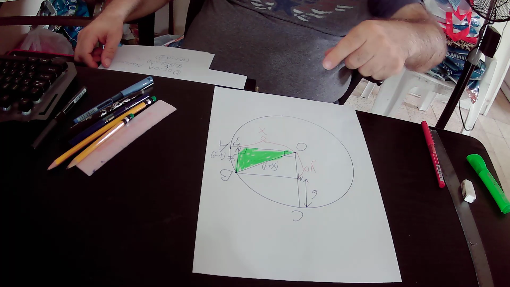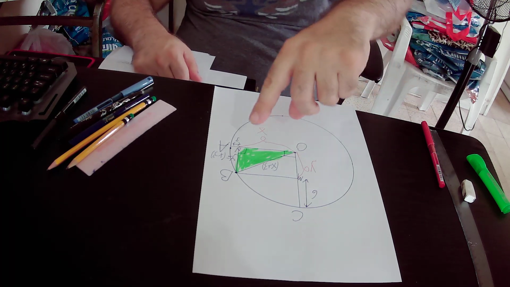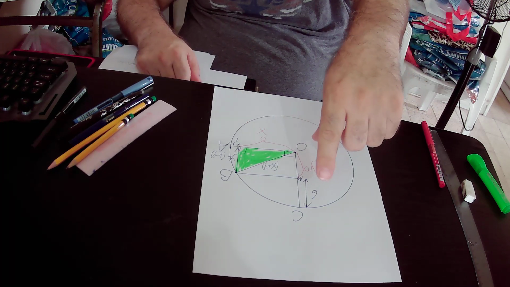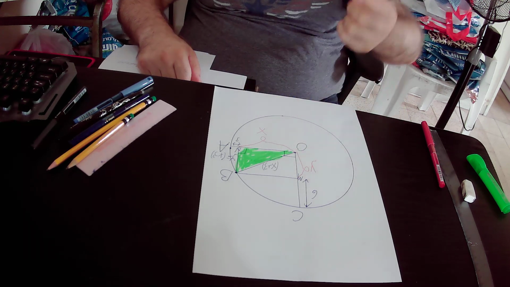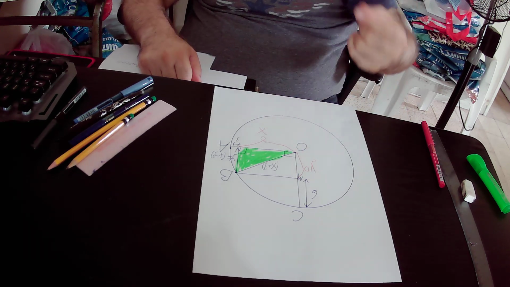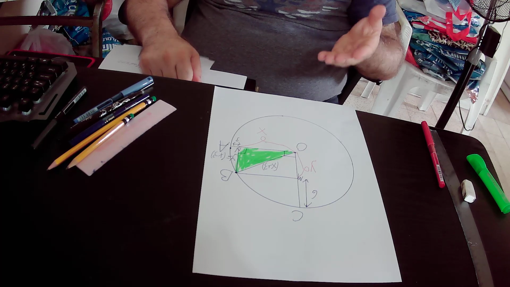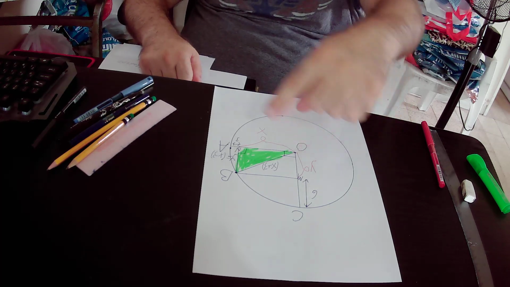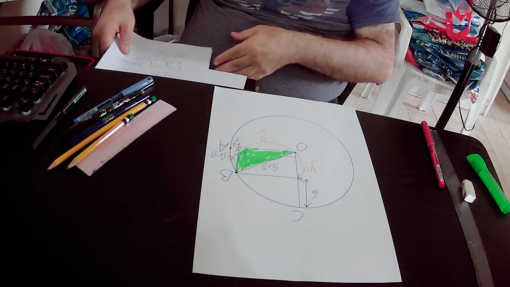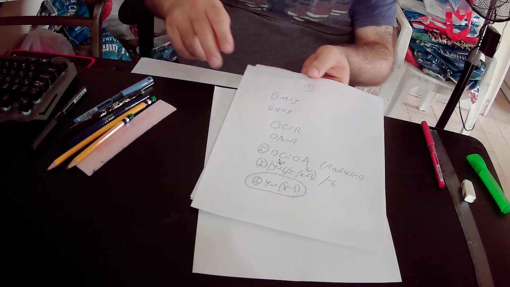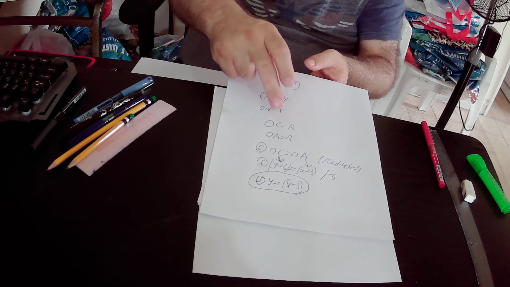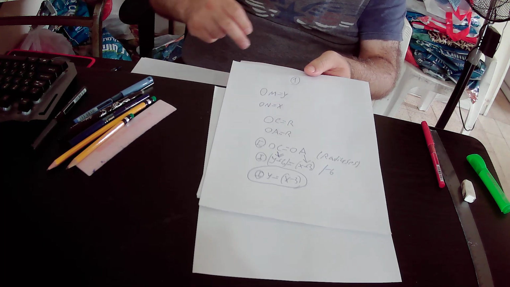Because both line segments OC and OA are the radius of this circle, they are equal to each other, so OC equals OA.